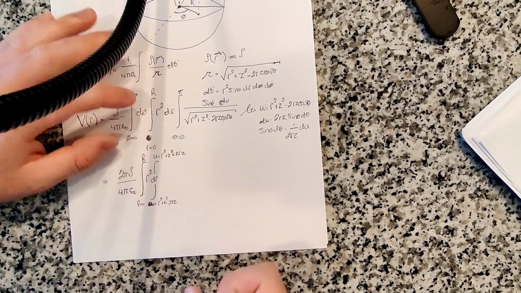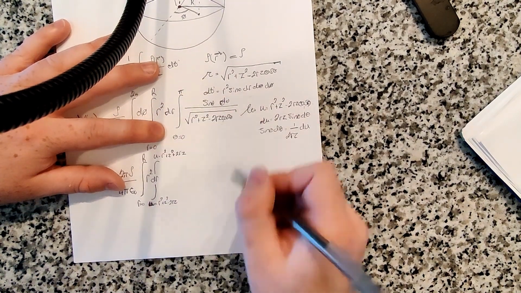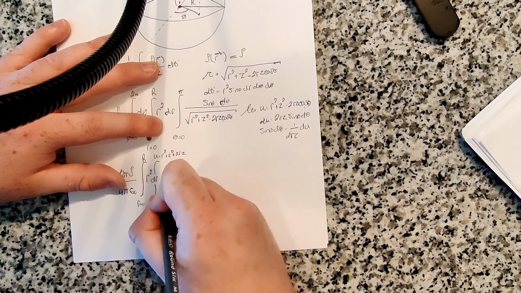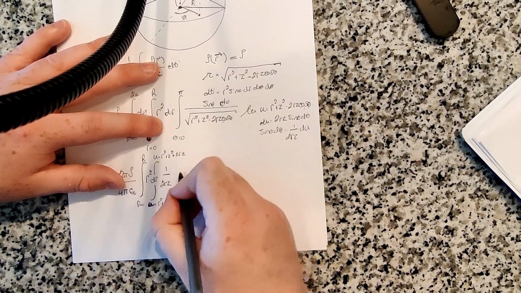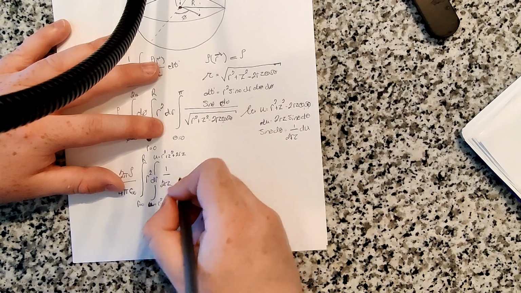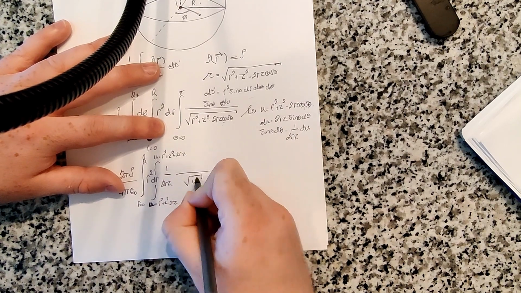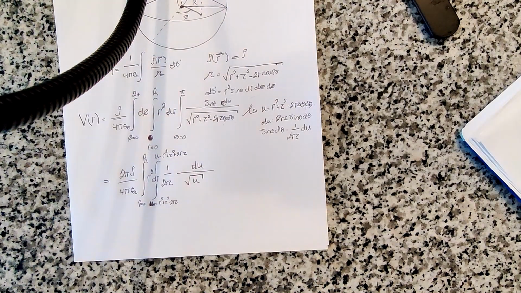So we have some weird bounds going on, but it's going to work out. Sine of theta d theta, well, that's just this, so we have the 1 over 2rz, and then we have the square root of u du.